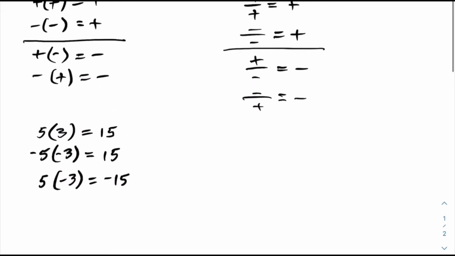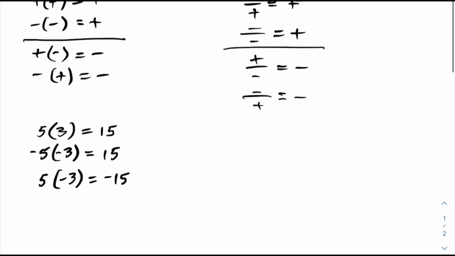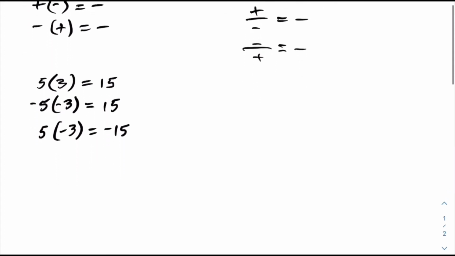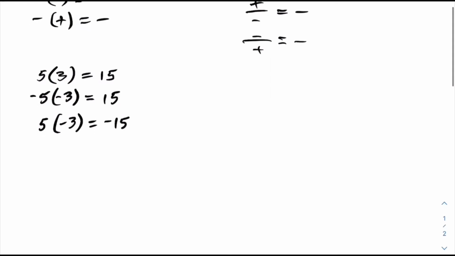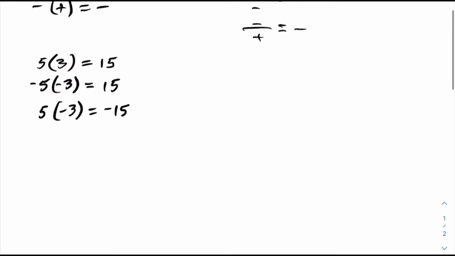So if you memorize the table, you would do these examples using the sign first. You would say positive for 5 times 3, because there's no sign, times positive would be positive, and 5 times 3 would be 15.